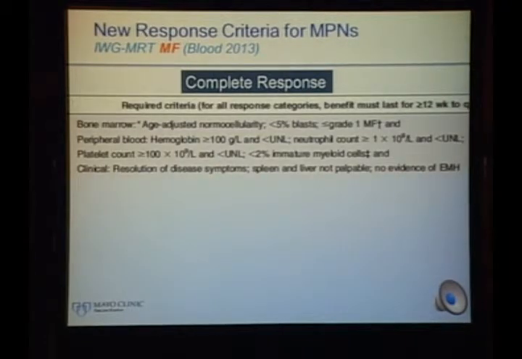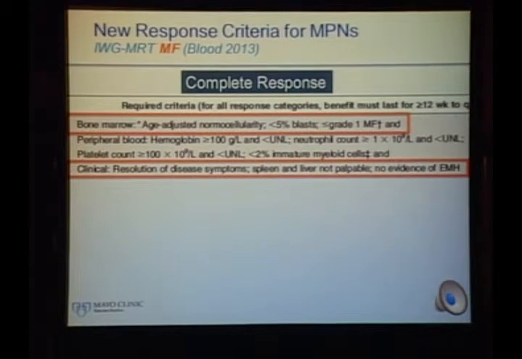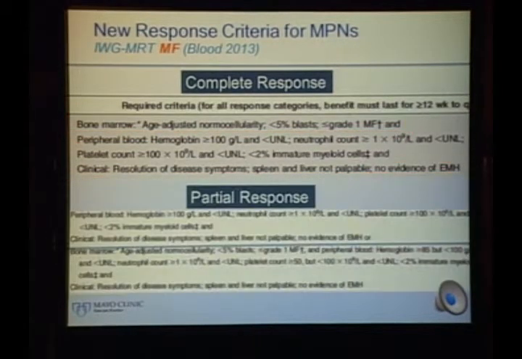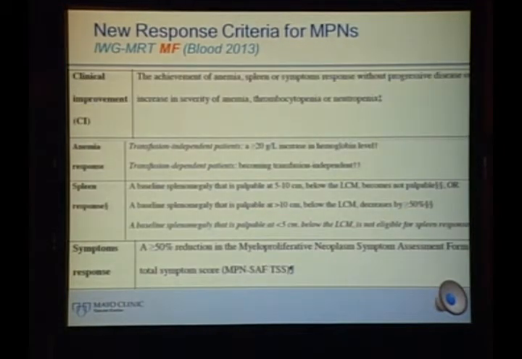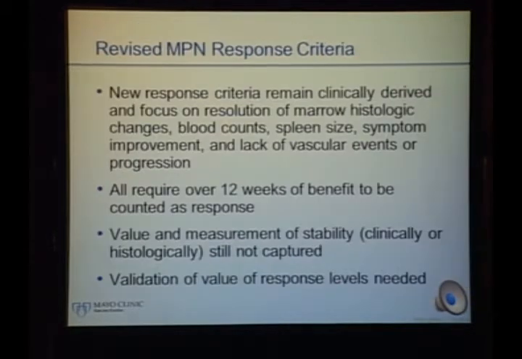Again, we look at issues of marrow, counts, the blood, and clinical symptoms. And again, the holdouts can be symptoms and marrow. There are levels of partial response, and the most commonly utilized response is that of clinical improvement, whether it be in anemia, spleen, or in symptoms.